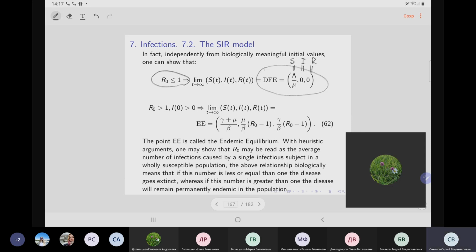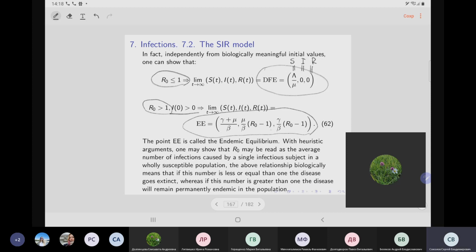But if R0 is greater than 1 and I of 0 is greater than 0, then there can exist a positive solution that is called the endemic equilibrium. It means that in some cases, the disease will remain in the population forever.